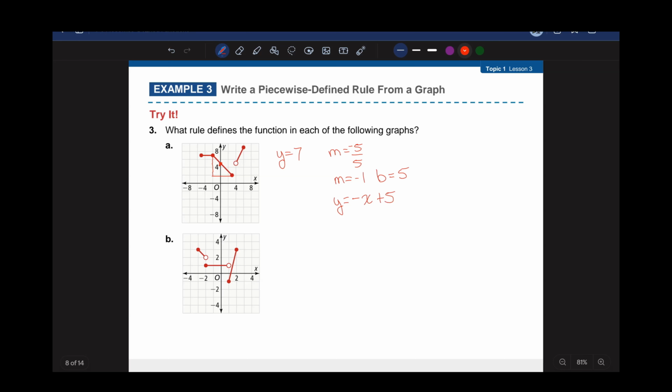My third equation, which is right here, that one is going to go from 4 to 6. My slope, if I count up, that's halfway through. So 1, 2, 3, up 4, and then over 2, up 4 over 2. So positive 4 over 2. My slope is 2.